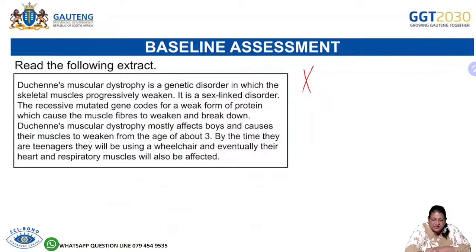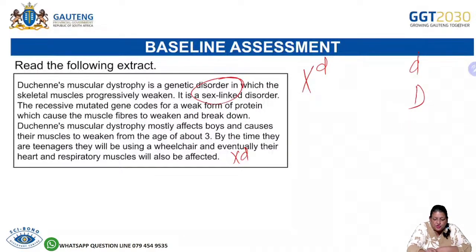And because it's a dystrophy caused by a recessive allele, and let's say here in the question they don't give it to you, but I'm going to say that Duchenne's muscular disease is caused by a small letter. So it's going to be X to the power small letter, not just D. Okay, but it's sex-linked. And they tell you it's a sex-linked disorder. That's why we must put X.